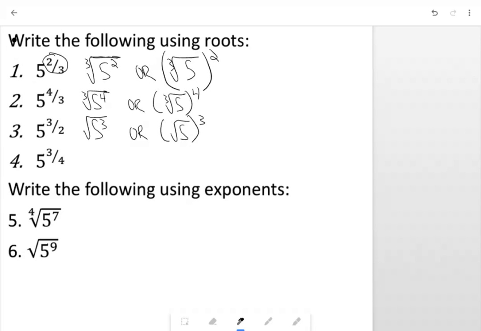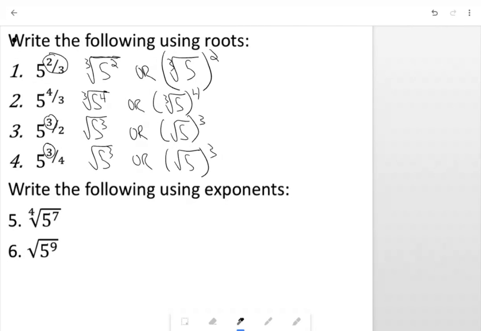Now if I compare 3 and 4, notice the numerators are the same, right? So that tells me that the exponent is going to be cubed, just like in number 3.